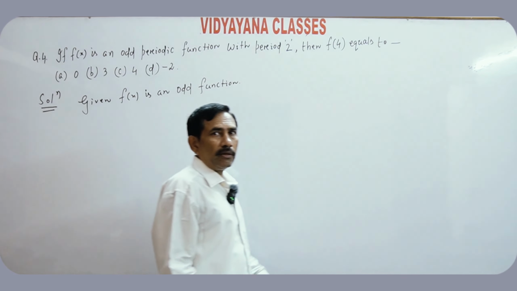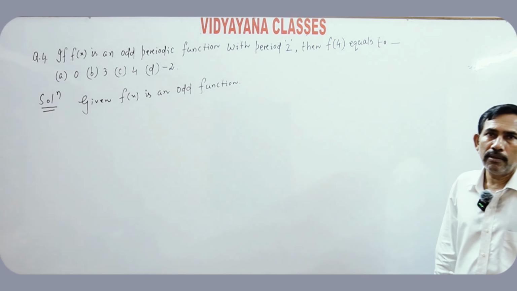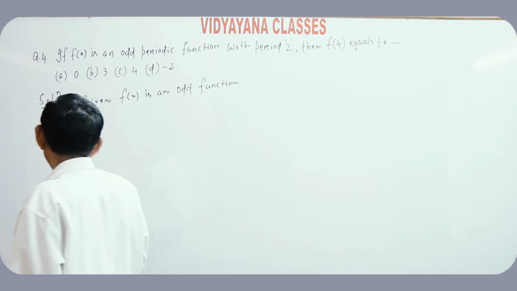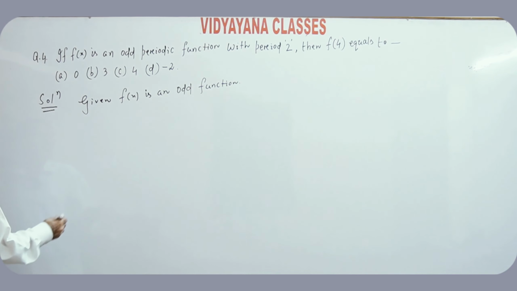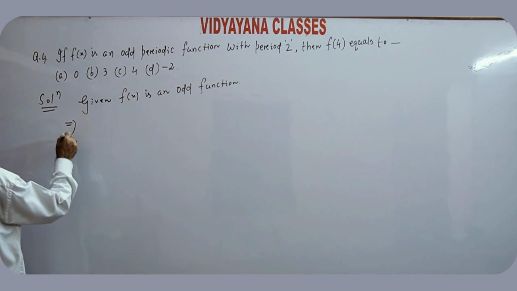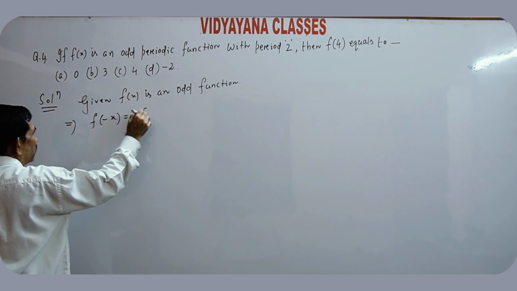What is the definition of odd function? If f(minus x) is equal to minus f(x), then f(x) is said to be an odd function. So f(minus x) is equal to minus f(x).